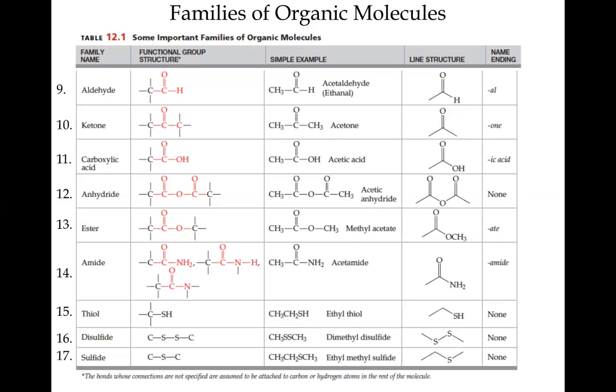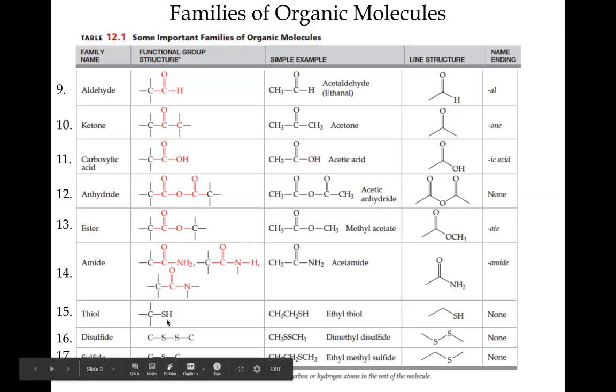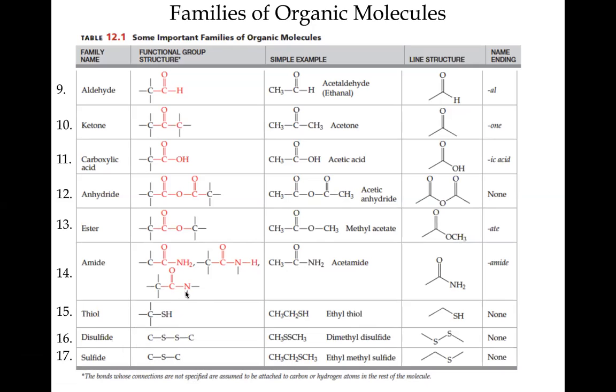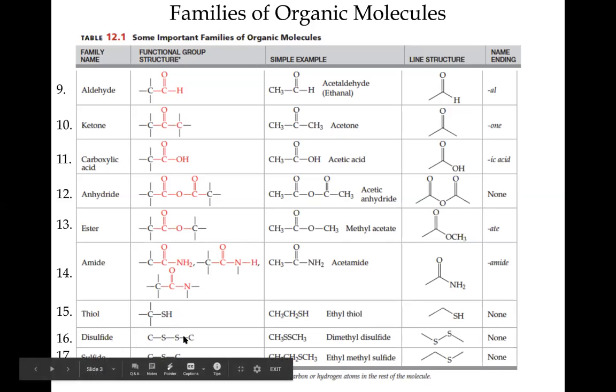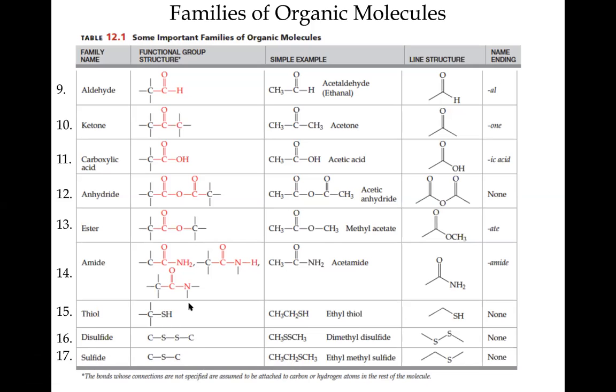Amides are like amines, only that carbon that's bound to the nitrogen also has a carbon-oxygen double bond, okay? Thiols are carbons bound to a sulfur that is also bound to a hydrogen. A disulfide is two sulfur atoms bound each to carbons. So the sulfurs are sandwiched in between these carbons. And a sulfide group is just going to be one sulfur sandwiched between carbons.